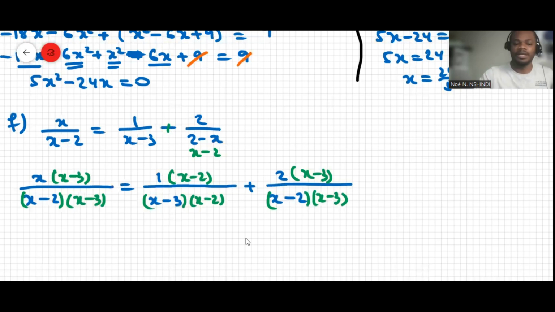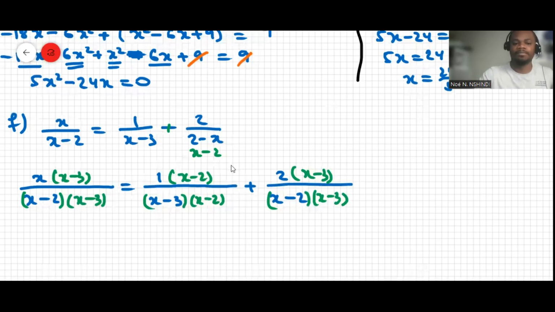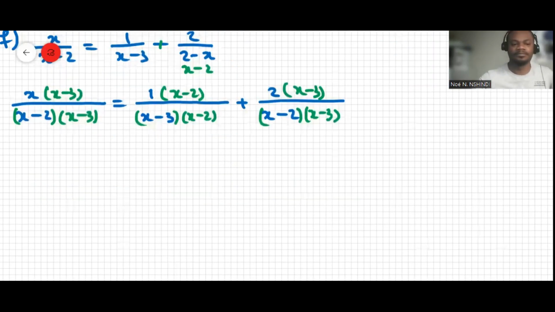Understand? Now that the denominators are common, we can just drop them. So this will be x squared minus 3x equal to x minus 2 plus 2x minus 3 minus 6.